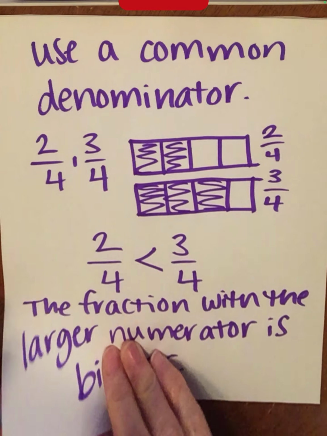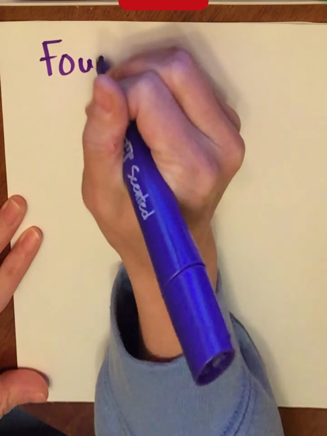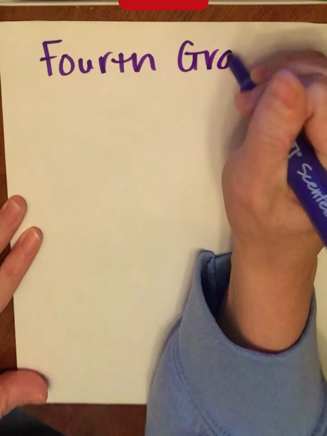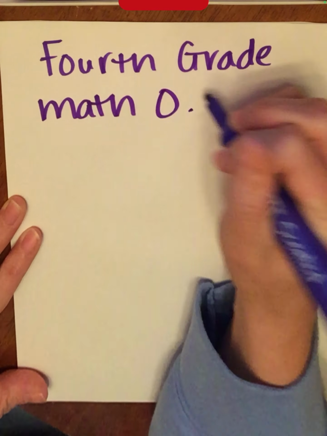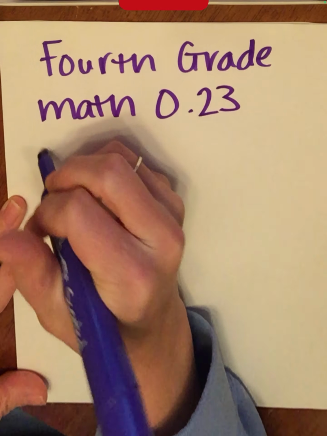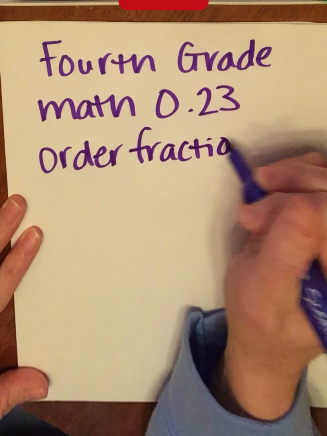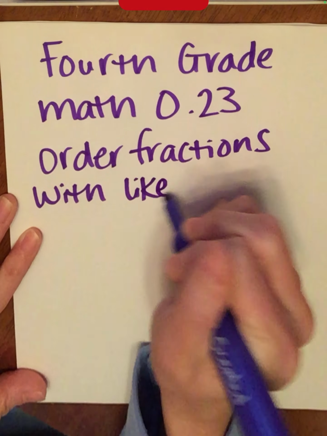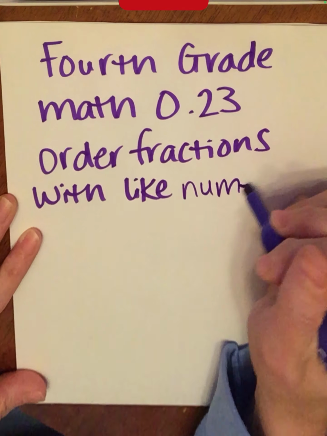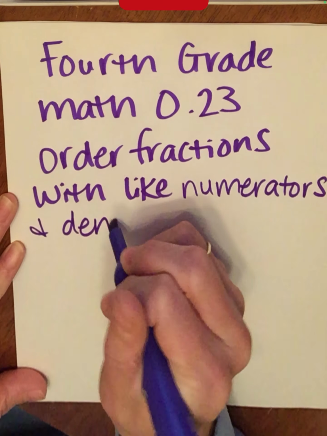So if you go into IXL and look under recommended skills, you're going to see it's a 4th grade math skill, O.23, and it says order fractions with like numerators and denominators.